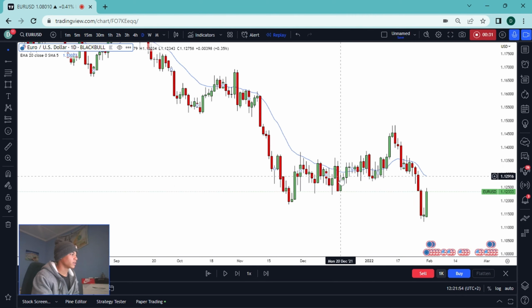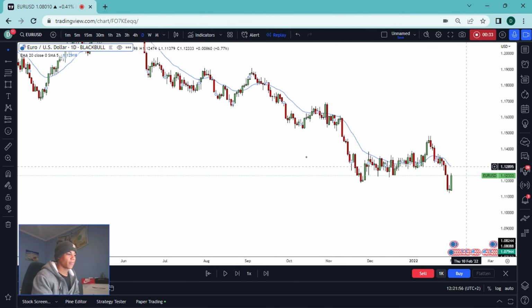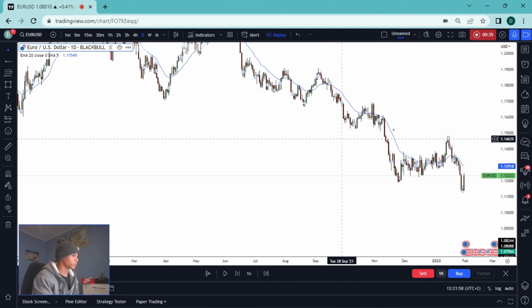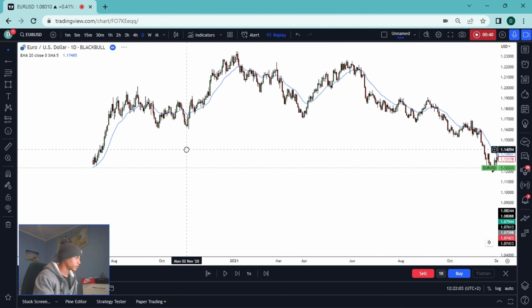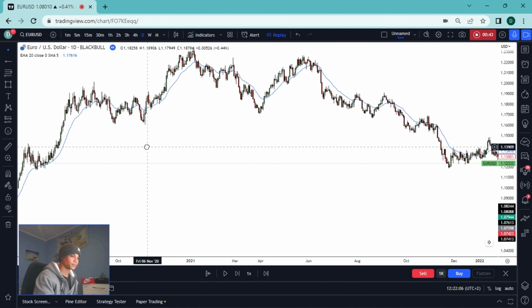So right now guys, the first thing we need to identify is the level of resistance that we are going to use. So it might help to go back further in time.